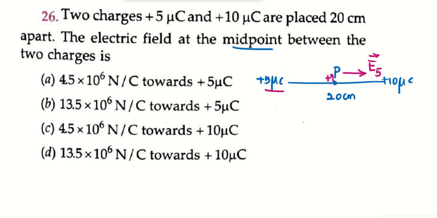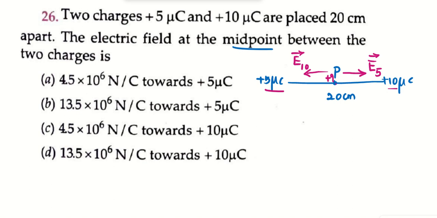And now the electric field due to the 10 microcoulomb charge at point P should also be a repulsive one. Electric field due to 10 microcoulomb will also be in the opposite direction. They are in opposite directions, but they are not equal.